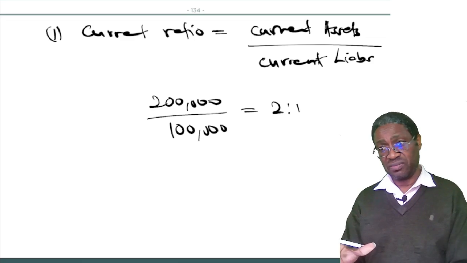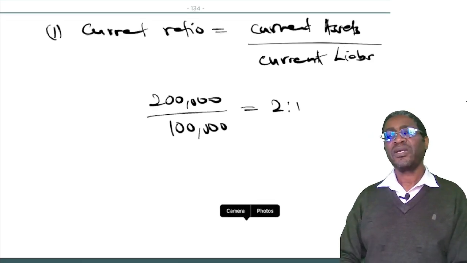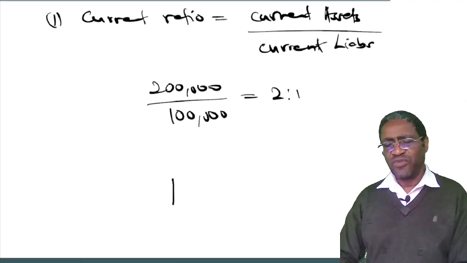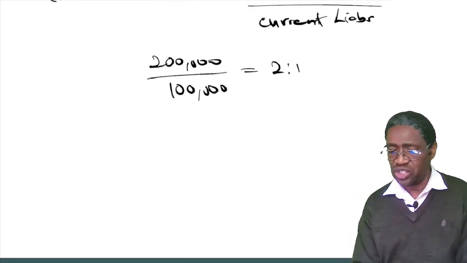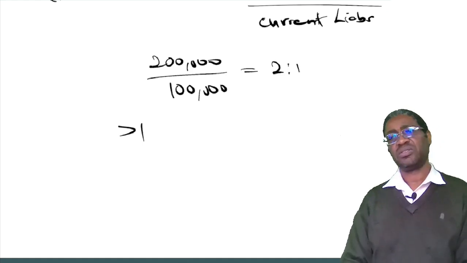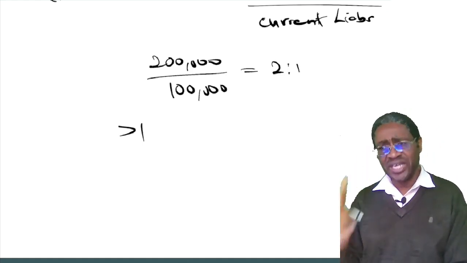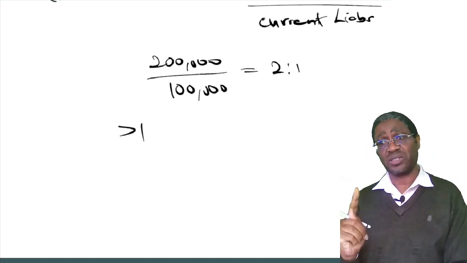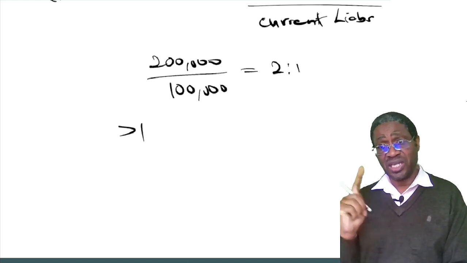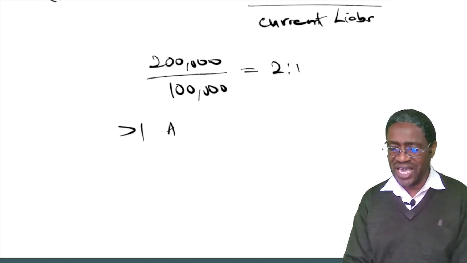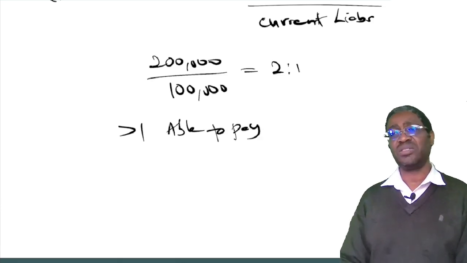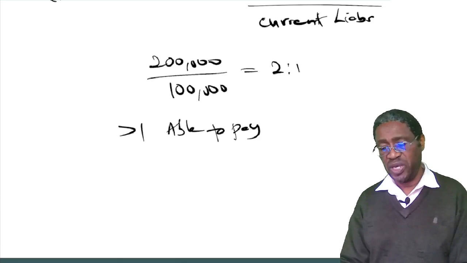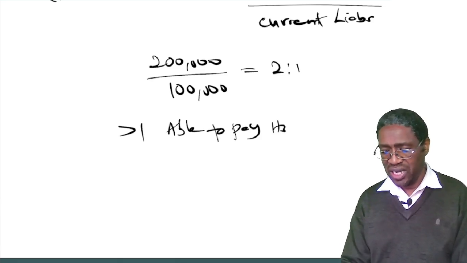Now listen, if you calculate your current ratio and you get a ratio greater than 1, any ratio greater than 1 means what? It means that the firm is able to pay its current liabilities.